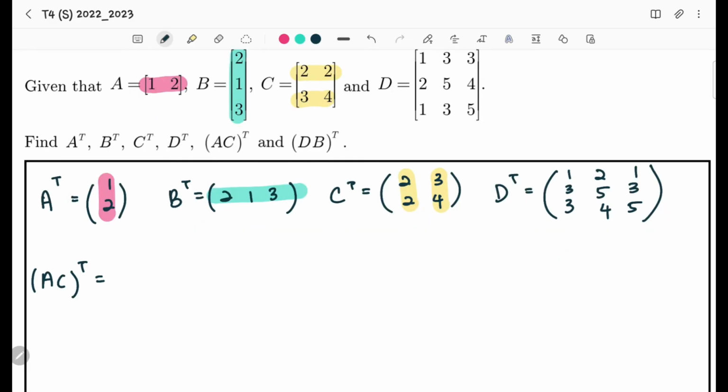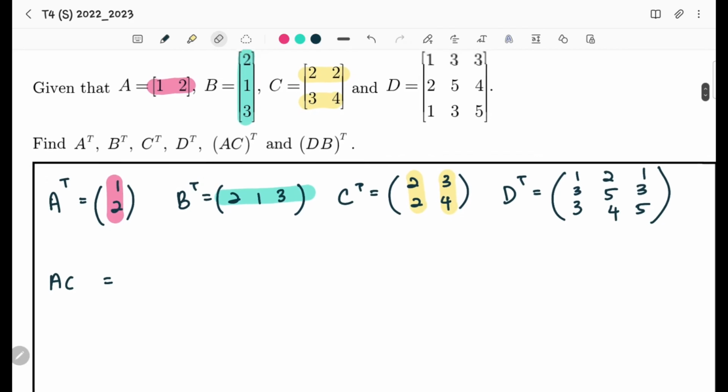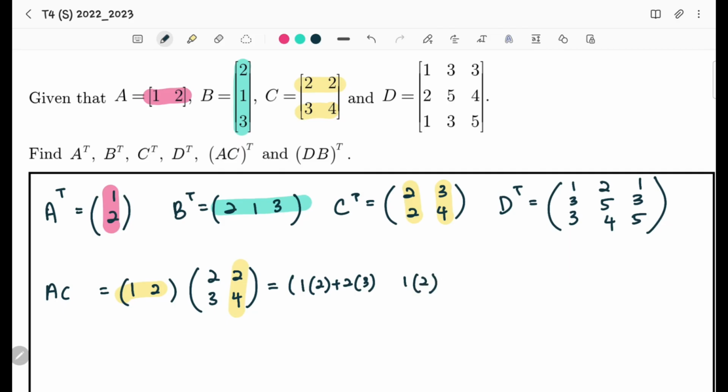So for AC transpose, let's find AC first and then transpose. So A times C: 1 times 2 plus 2 times 3, and then 1 times 2 plus 2 times 4.